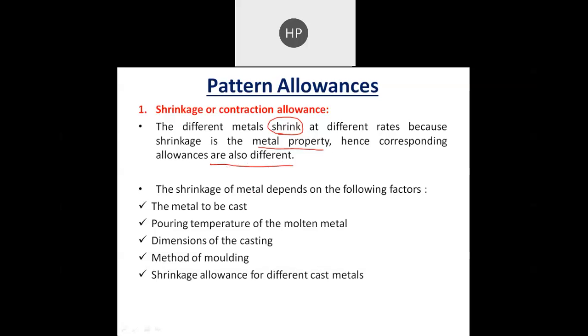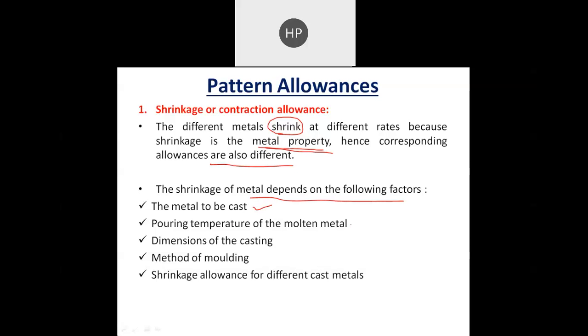Okay, so the shrinkage of the metal depends upon the following factors. First, the metal to be cast: which type of metal we are using here, as we talked earlier, whether aluminum or steel or copper or other material. Depending upon that, the shrinkage will be different.